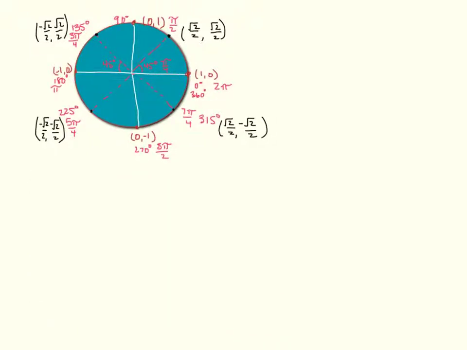Alright, let's just try a couple more examples and that'll be it. So, the cosine of pi over 4. Find pi over 4. It's right here. The cosine is the x value. So the x value of pi over 4 is square root of 2 over 2.